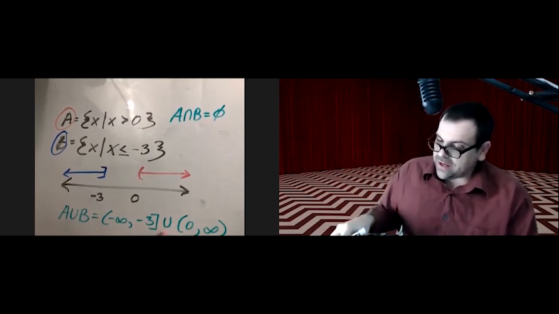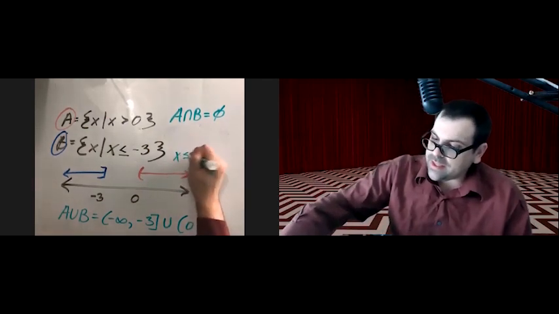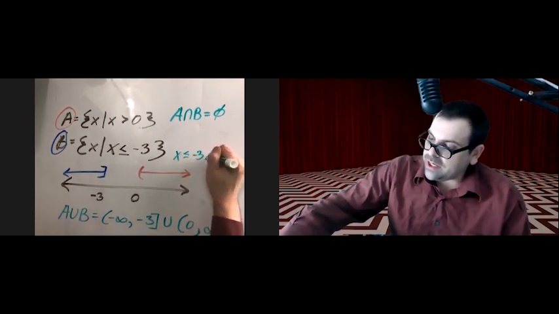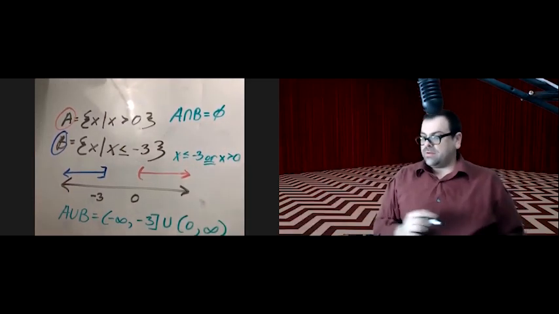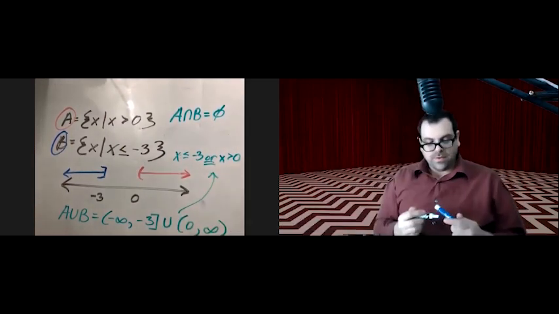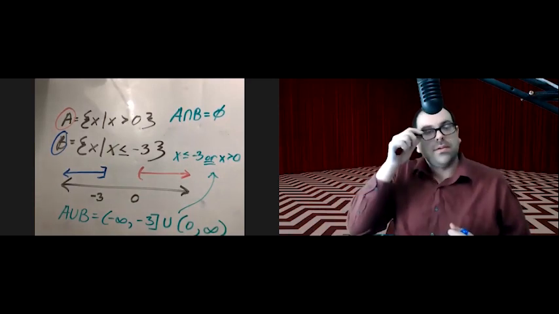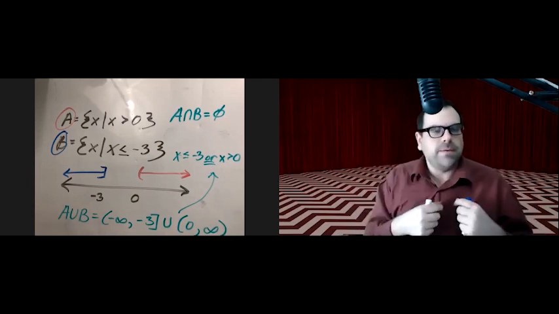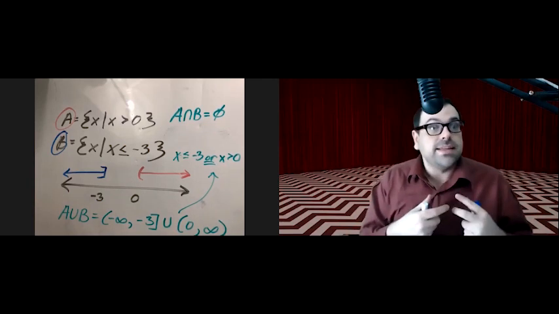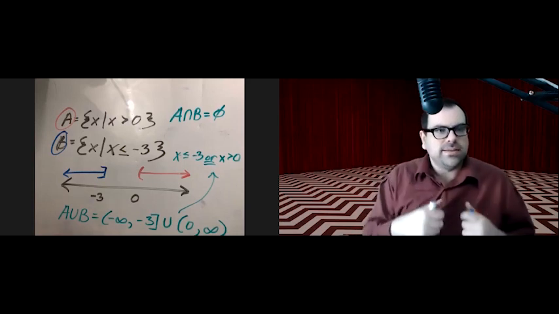And this is another way of saying x is less than or equal to -3, or x is greater than 0. Because a union is an or statement. It makes it in if it's in this one or this one. They both come in. For an and statement, it would only be if it's in this one and this one.